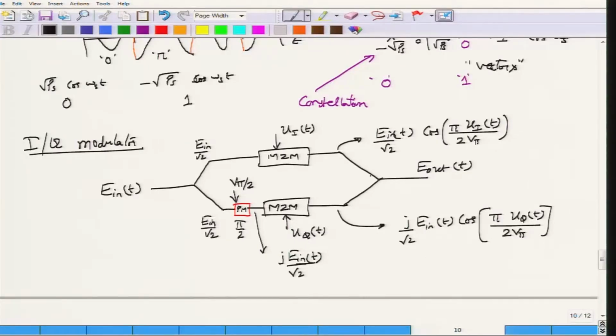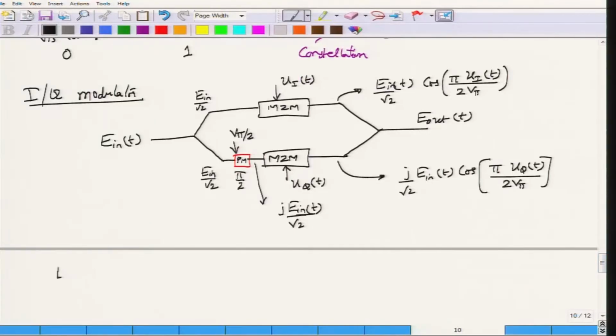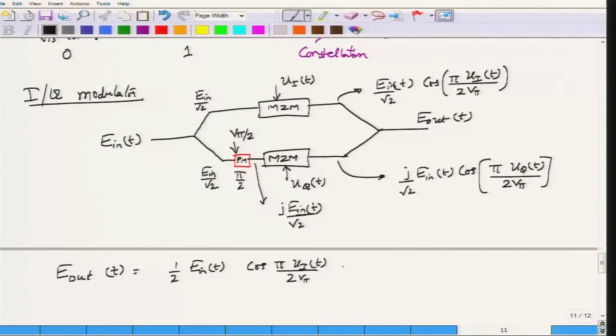So, the sum of these two, after multiplying by root 2, will be the electric field output E out of t. So, E out of t is equal to half E in of t, which is a constant, I am taking this out, times cos of pi Ui of t divided by 2 V pi plus j cos of pi Uq of t divided by 2 V pi.